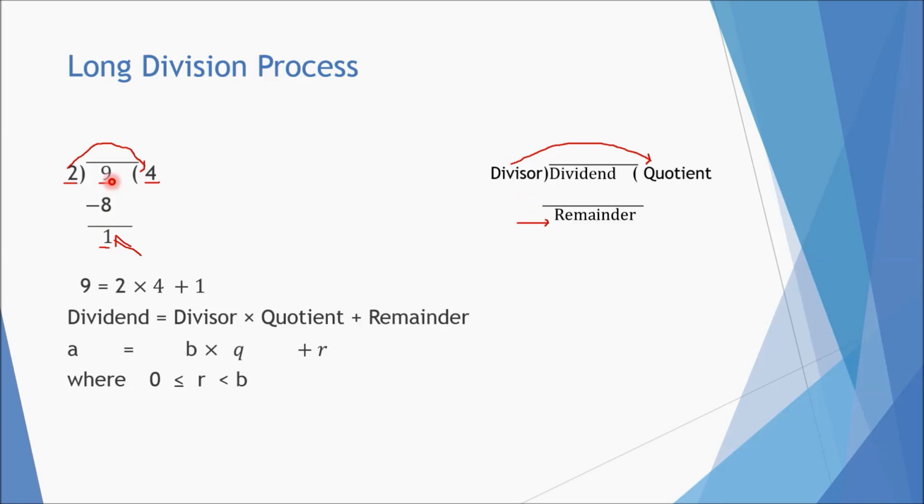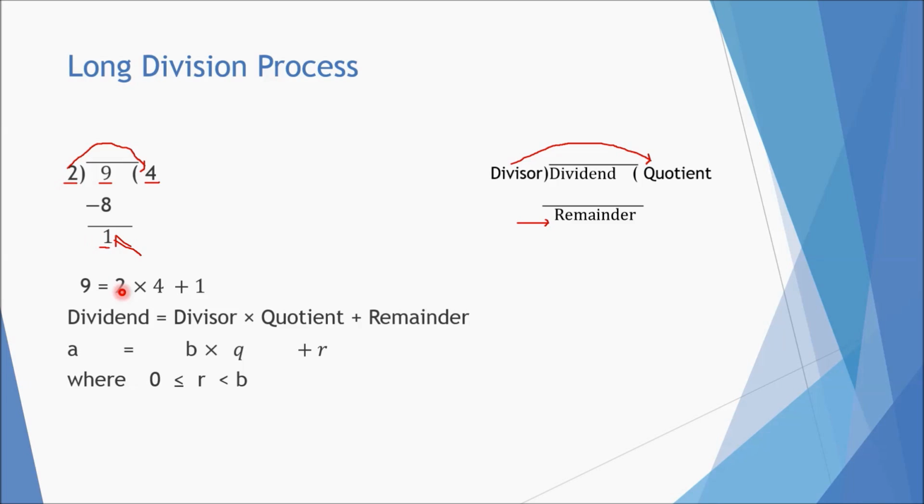Whenever we divide any number by 2, the remainder will always be less than 2. So whenever any number is divided by 2, we will get the remainder either 1 or 0. We cannot get a remainder greater than the divisor.